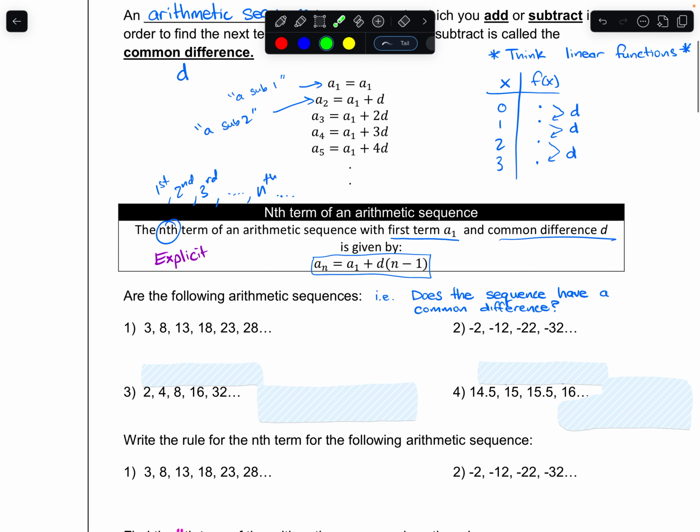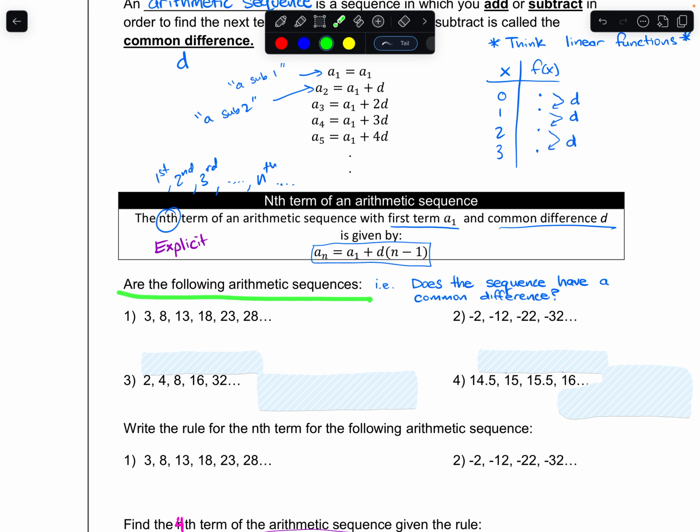All right. So let's get right to the practice problems. Are the following arithmetic sequences? Really, I'm just giving you a sequence, and you can say yes, it's arithmetic, as long as it has a common difference. So let's just check. To get from 3 to 8, I am adding 5, right? To get from 8 to 13, I'm also adding 5.